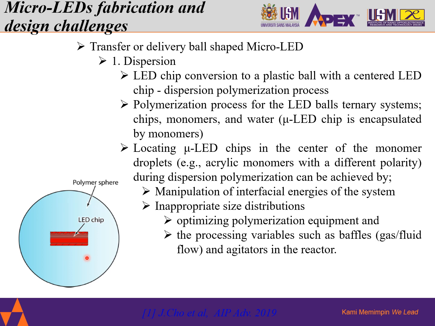For example, acrylic monomers with different polarity during dispersion polymerization can be achieved by precisely manipulating the interfacial energies of the system, and inappropriate size distribution can be minimized by optimizing the polymerization equipment and processing variables such as baffles, gas, fluid flow, and agitators in the reactor.